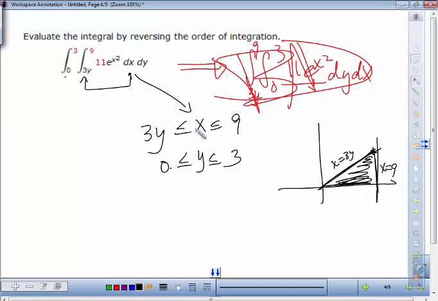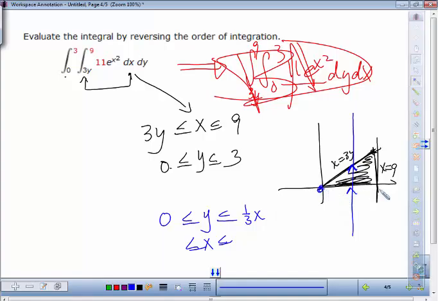Now let's go forward, but this time, instead of integrating with respect to x first, let's integrate with respect to y. With respect to y, a line parallel to the y-axis, you're into the region at y is equal to 0. You're out of the region at y is equal to 1/3 x if you solve for y.